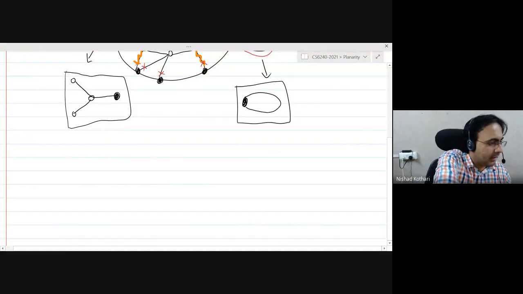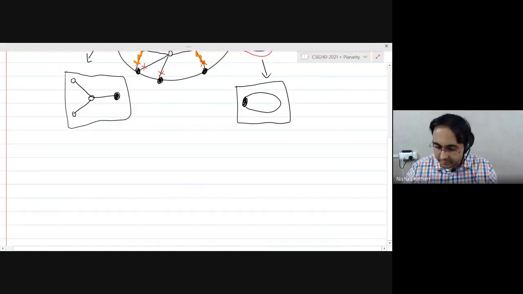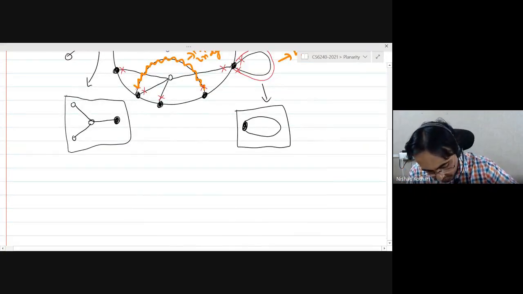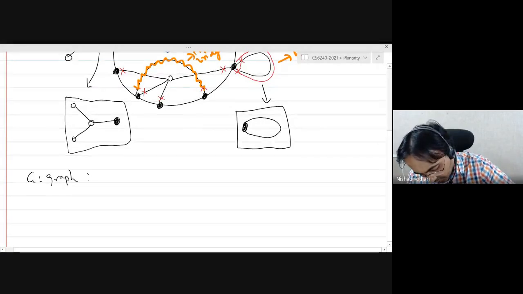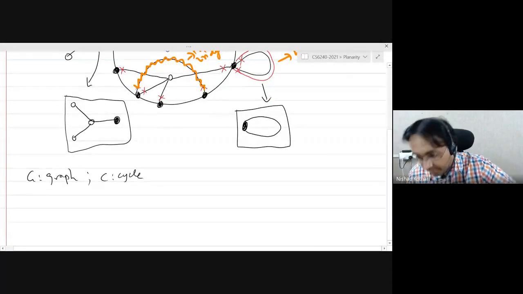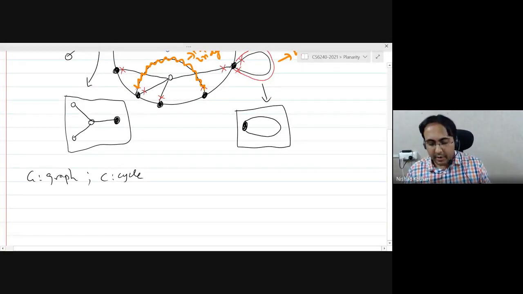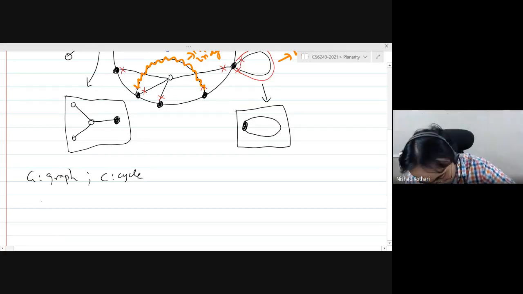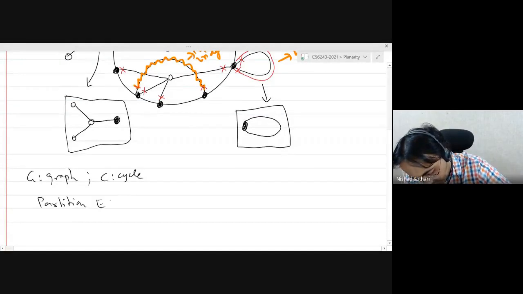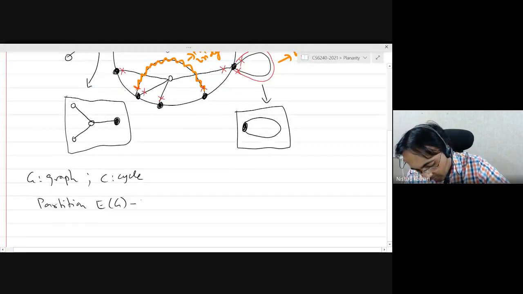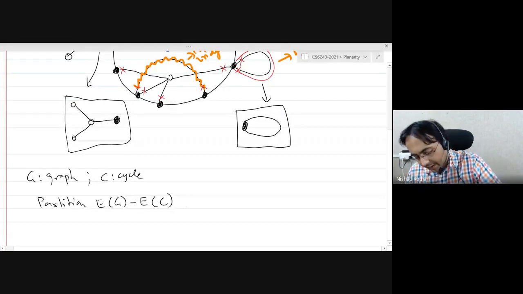All right, so let's put down the definition. So G is your graph, C is your cycle. What we are going to do is we are going to partition the edge set of the graph, those edges that are not on the cycle, as follows.